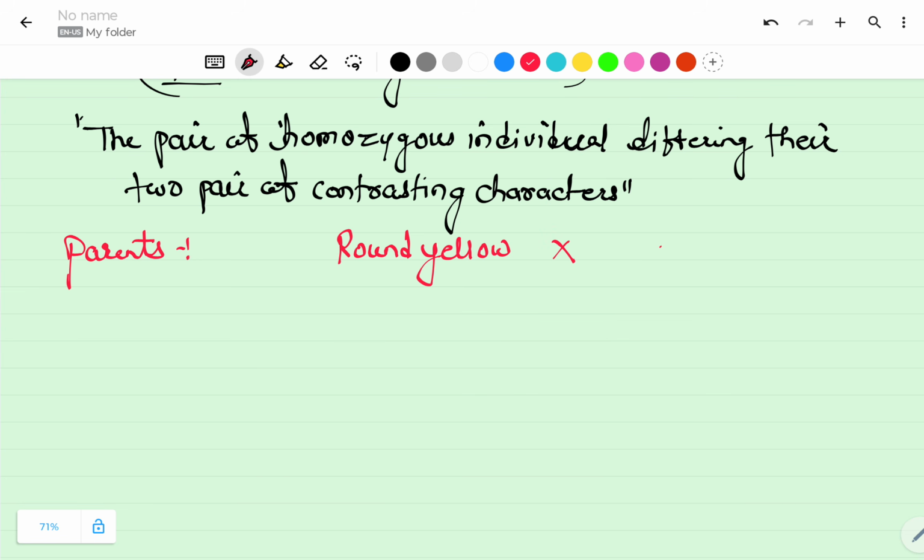Round is opposite to wrinkled, yellow is opposite to green. Why? Because one character is dominant and the other is recessive.